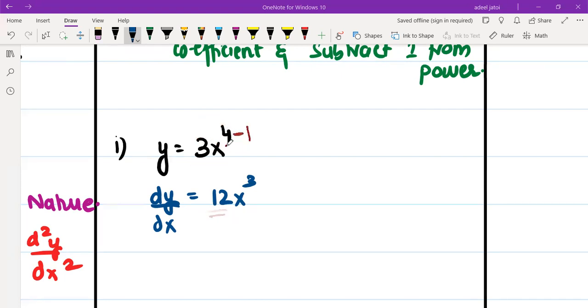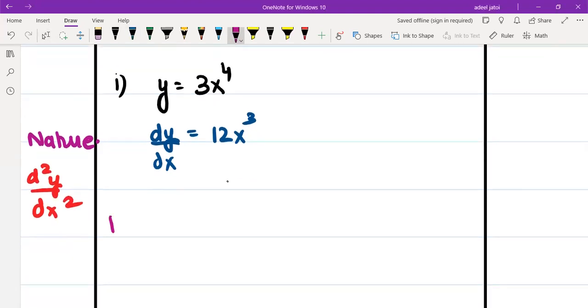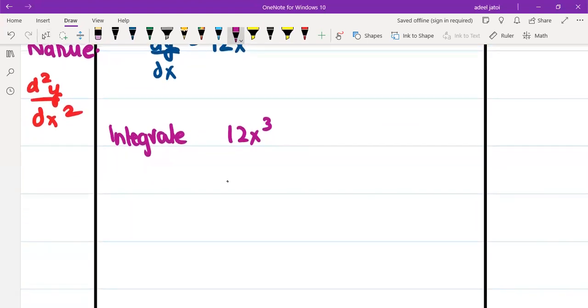And then 1 is subtracted from the power, that means 4 minus 1, we are left with 3. Similarly, if the question says we need to integrate, the question will mean to integrate 12x cubed. So first of all, you need to understand this is dy upon dx, which is 12x cubed, generalized form.